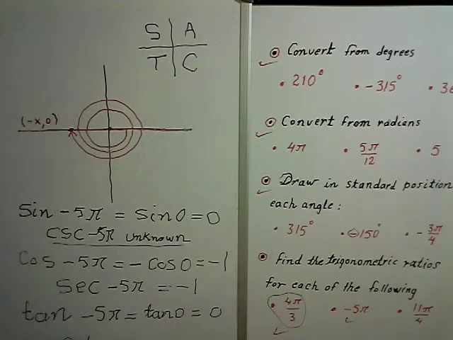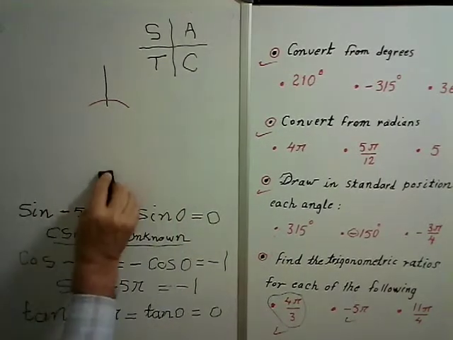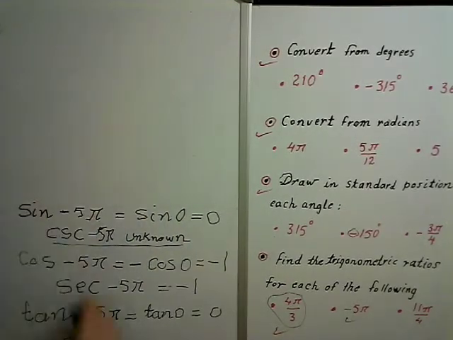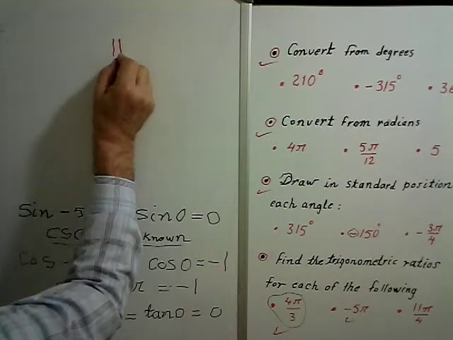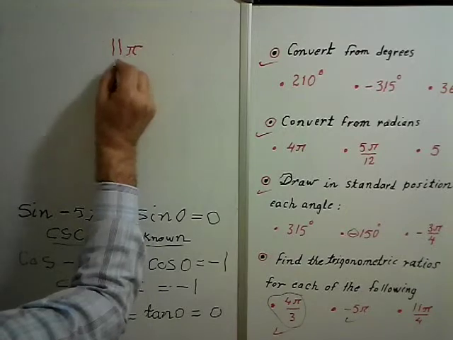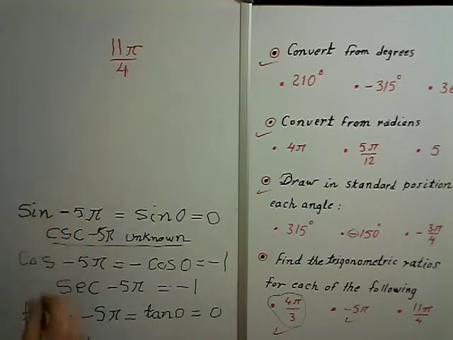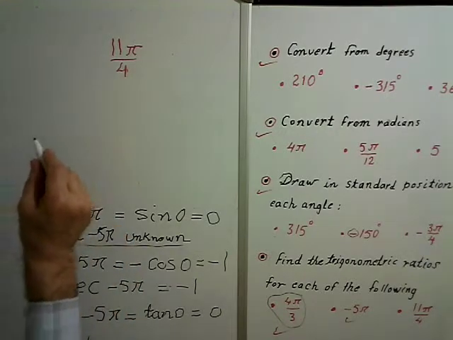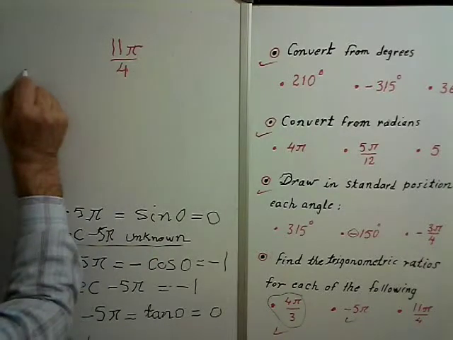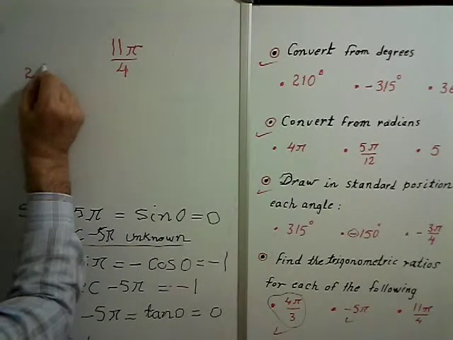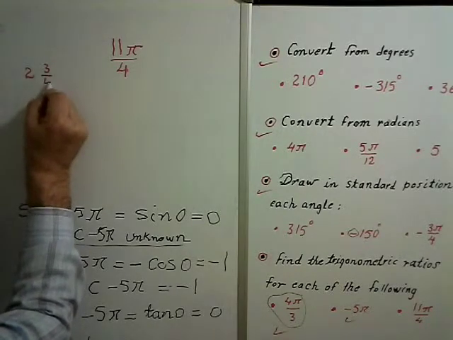Okay? Finally, the last angle. The last angle here is 11 pi over 4. Which quadrant does this 11 pi over 4 lie in? When you divide 11 by 4, that means 2 and 3 over 4.